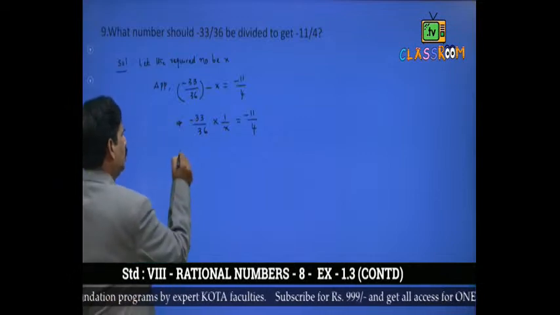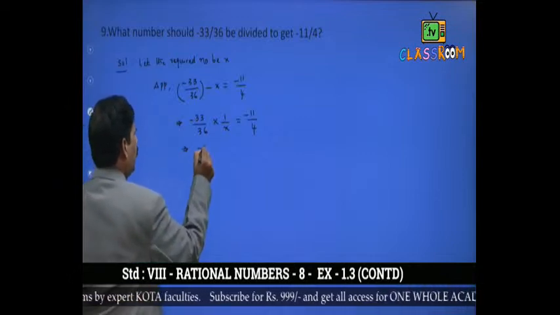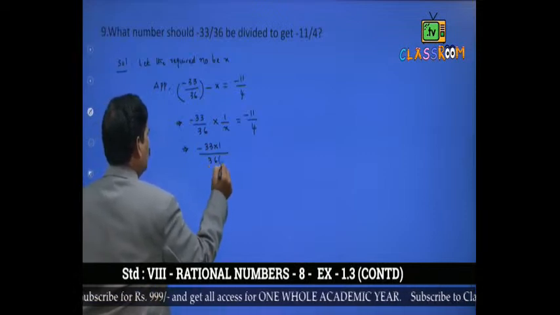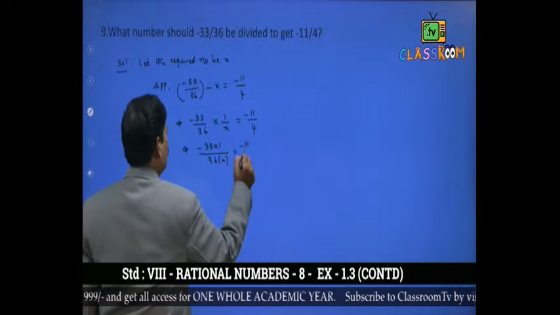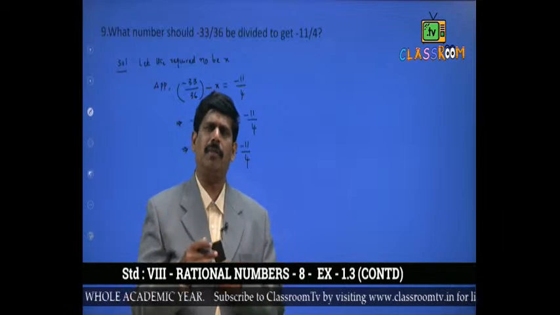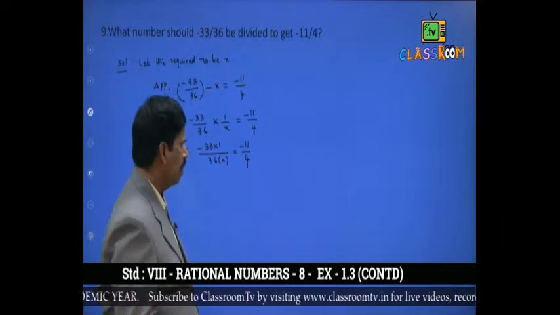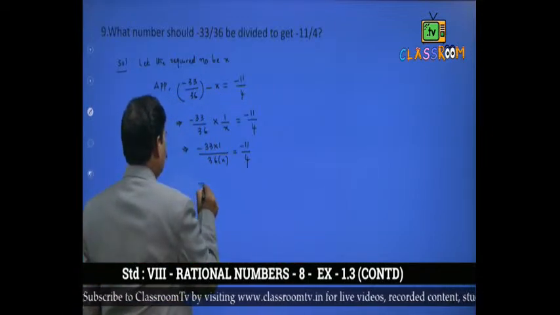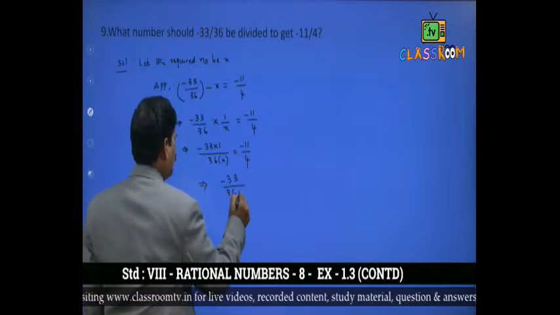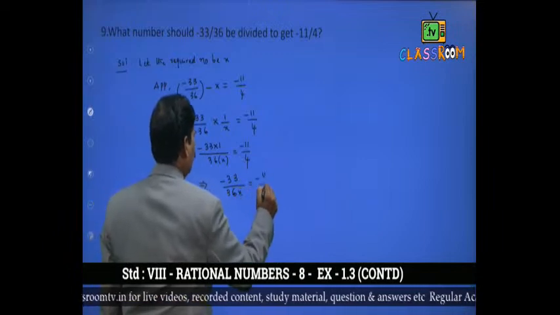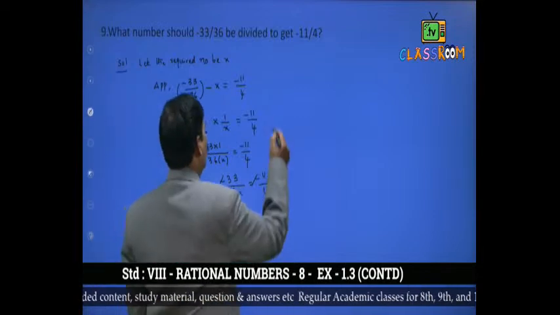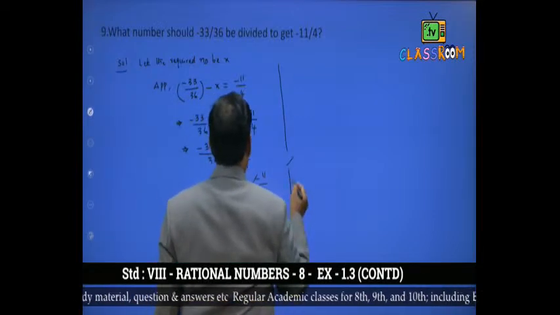So minus 33 into 1 by 36 into x is equal to minus 11 by 4. The product of two rational numbers is the product of numerators by the product of denominators. So this is 33 into 1 is 33, 36x is equal to minus 11 by 4. Both sides you can cancel the minus. So now do the cross multiplication.